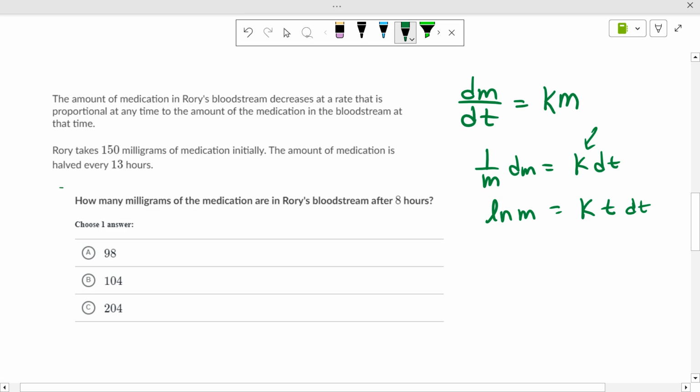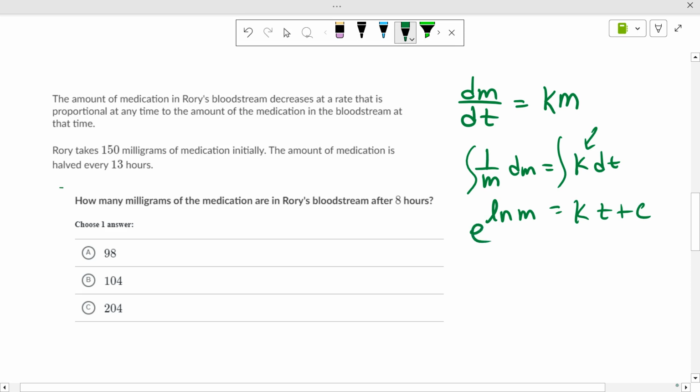Whoa, whoa, whoa. No. No, I got it. All right. Integrate. So it's kt plus c, right? Constant of proportionality times the integral of dt is t plus c, kt plus c.